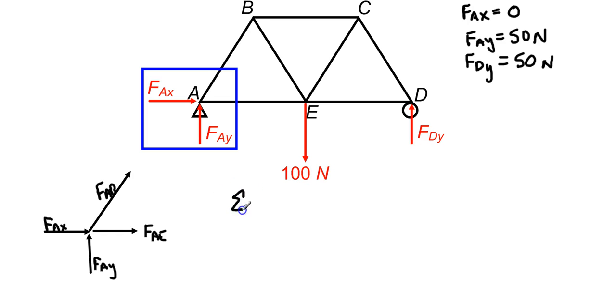So we start with the sum of the forces in the X direction. Well, in our free body diagram for this particular joint, we can see we've got FAX, but we already know from up here, from previous, that that's 0. So we're not going to include that because we know the force on that is 0. We've got FAE in the positive direction. And we've got the X component of AB. So we know this is 60 degrees.